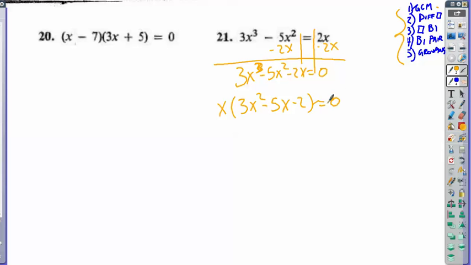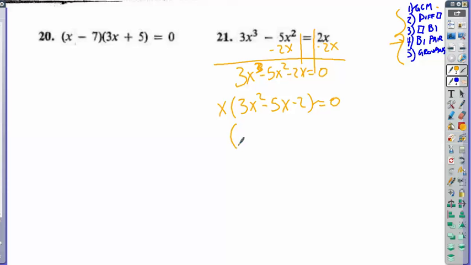And that's still equal to 0. And so I need to now factor this as a binomial pair of factors. And I know that 3 times 2 is 6, and 6 minus 1 is 5.